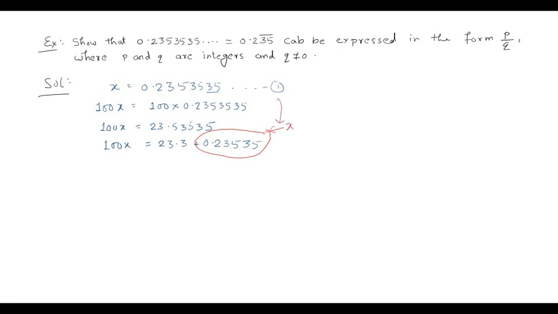On substituting, we get 100 times x equal to 23.3 plus x.